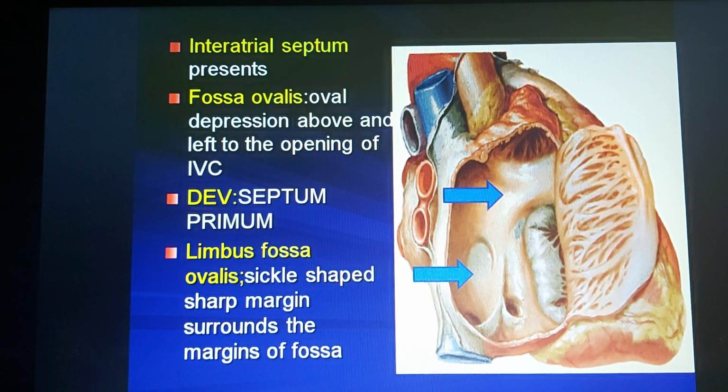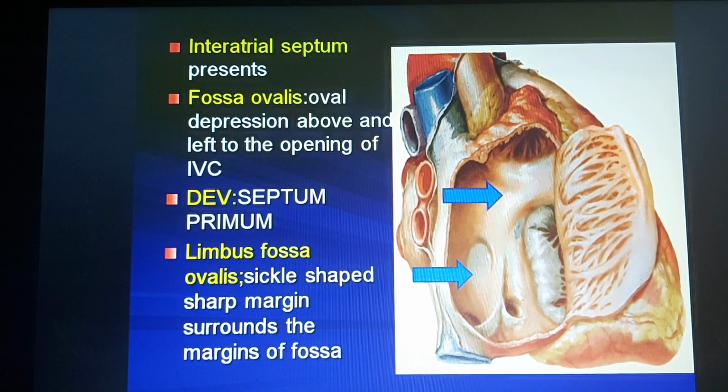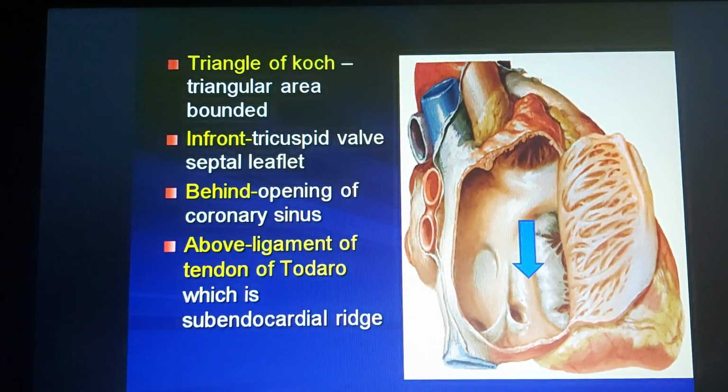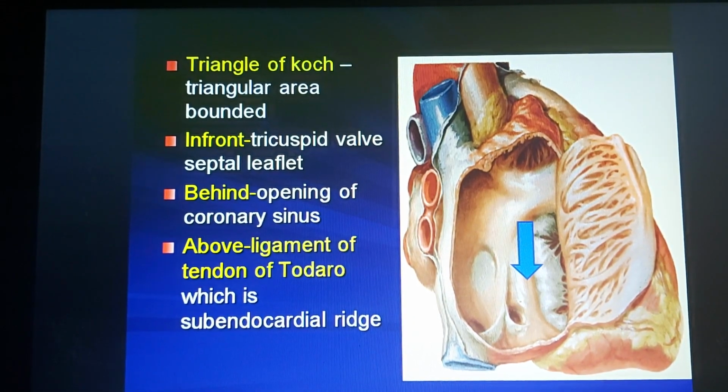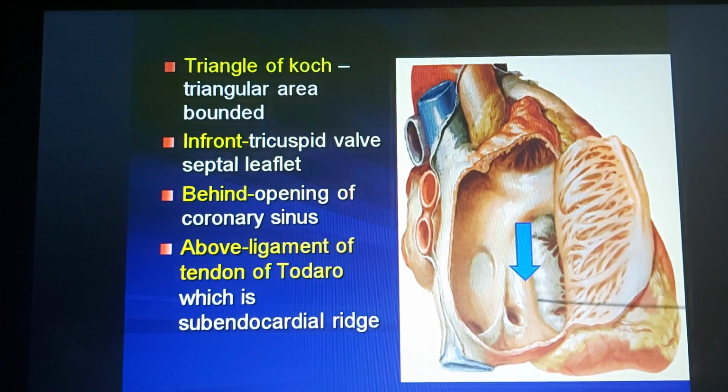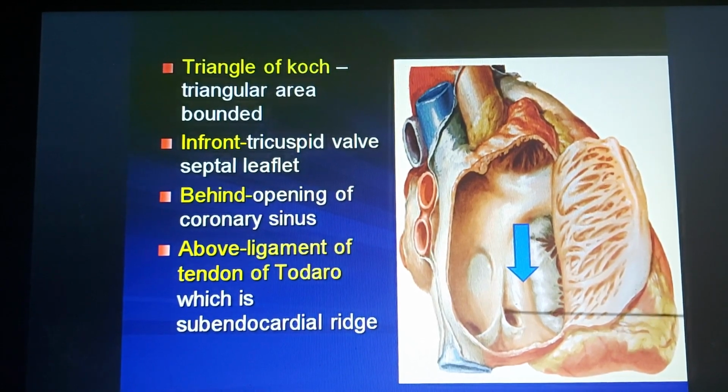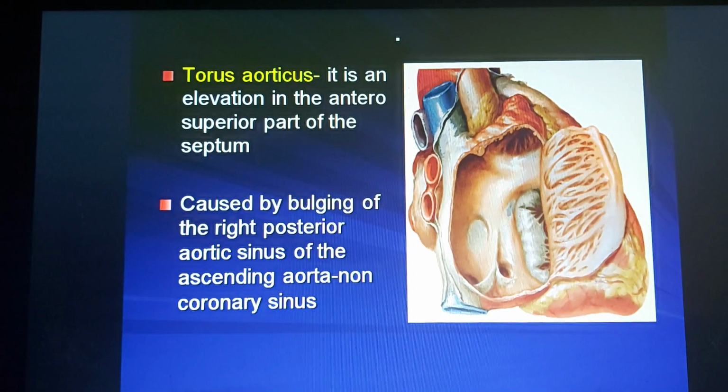The interatrial septum presents the fossa ovalis, which is an oval depression. Around this there is the limbus fossa ovalis. The triangle of Koch is bounded in front by the septal leaflet, behind by the coronary sinus, and above by the tendon of Todaro, which is a subendocardial ridge.